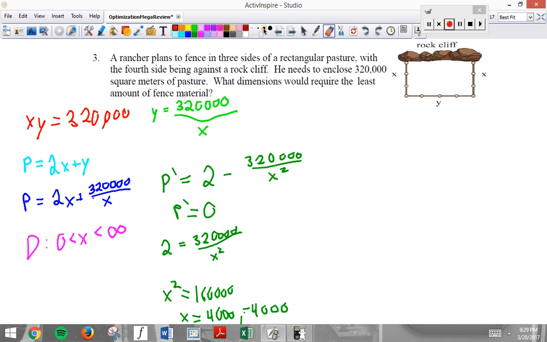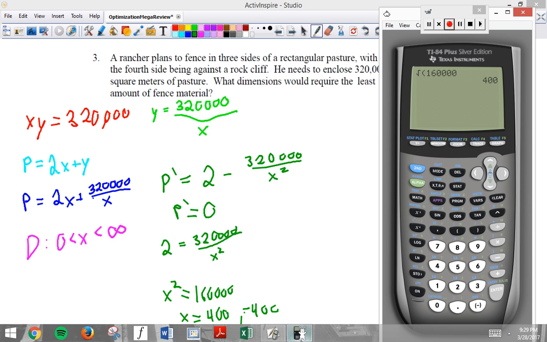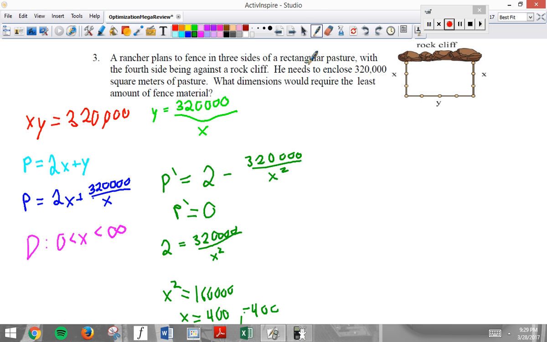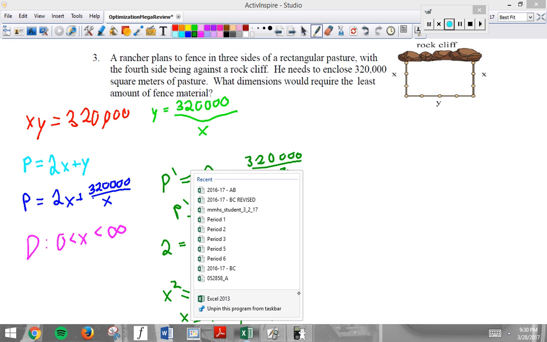See? Math is terrible, huh? 400 and negative 400. Whatever. Did I really type it in right? Numbers are dumb. 0 is also a critical number, but it won't matter. It's not part of our domain.